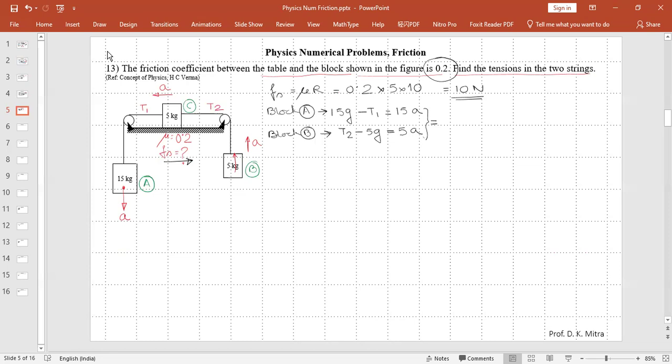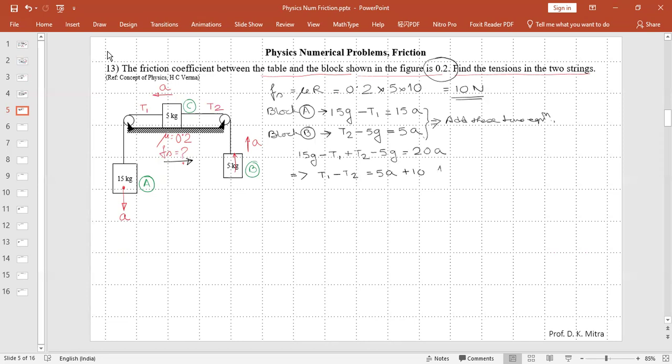From these two equations, if you just add these two equations, then we find 15G minus T1 plus T2 minus 5G is equal to 15A plus 5A, which is 20A. Then we find T1 minus T2 is equal to 5A plus 10.